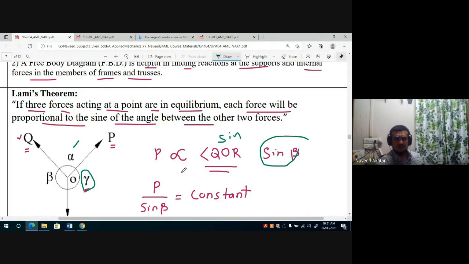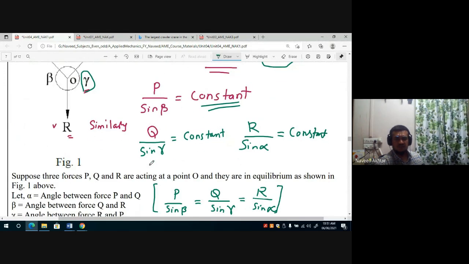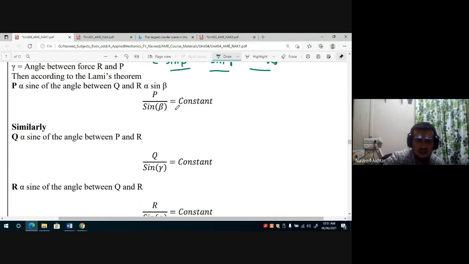So P upon sin beta is equal to constant. Similarly, Q upon sin gamma is equal to constant. Similarly, R upon sin alpha is equal to constant. When you write the constant at one place, P upon sin beta is equal to Q upon sin gamma and equal to R upon sin alpha. This is nothing but the Lami's theorem.